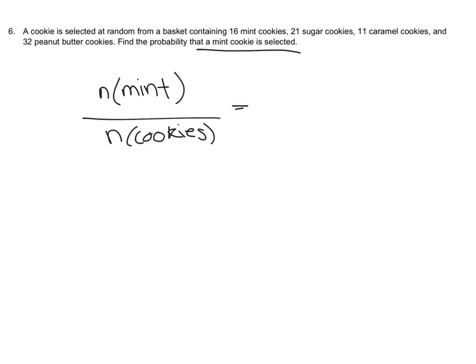So the number of mint cookies is 16. That's our numerator. And then our denominator is found by adding up all of the different kinds of cookies because we want to find the total number of cookies. So the denominator is 16 plus 21 plus 11 plus 32.